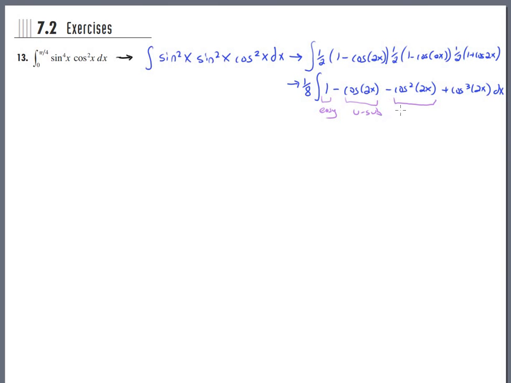So you could redo this as 1/2 times 1 plus cosine of 4x, and then that one's easy to do.